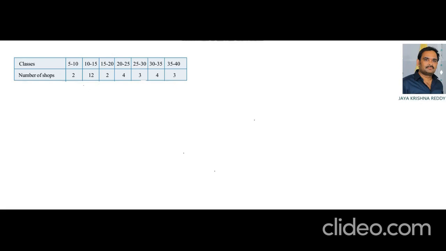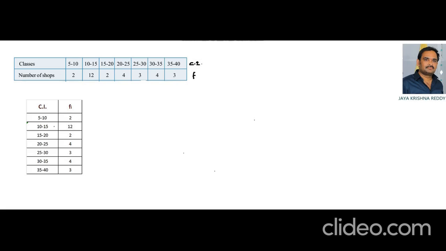One more question. The class intervals are given as 5 to 10, 10 to 15, like that, up to 35 to 40, and the frequency values are given as 2, 12, 2, 4, 3, 4, 3. Now let us draw the less than type ogive and more than type ogive both at a time for this given data. These are the two columns given in the question, class interval and frequency columns.